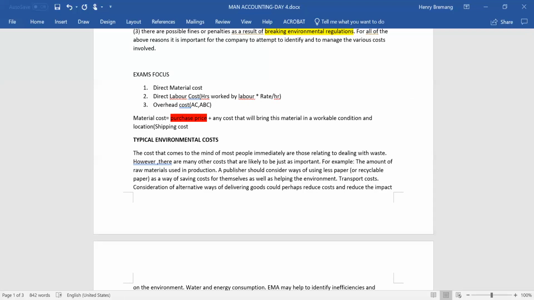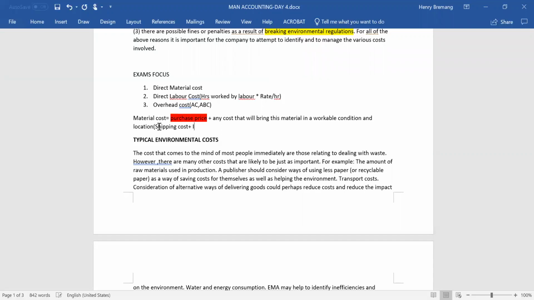You cannot say that the cost of the product is only the purchase cost. Unless where you bought the product from is actually going to give you free delivery services. In that case, it might happen that based on their costing techniques or their ways of business, they have already factored the delivery cost into your product. But if it is not so, and you're going to incur cost of shipping, then it's also important to add it to the cost of the material.